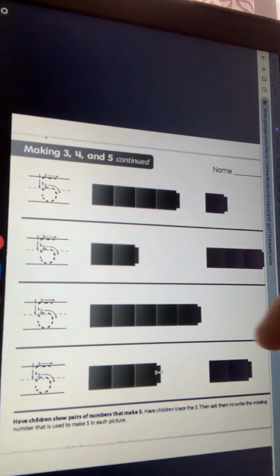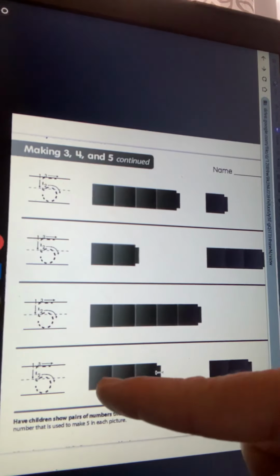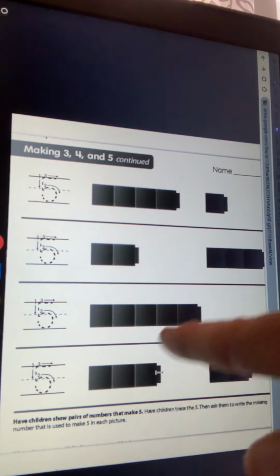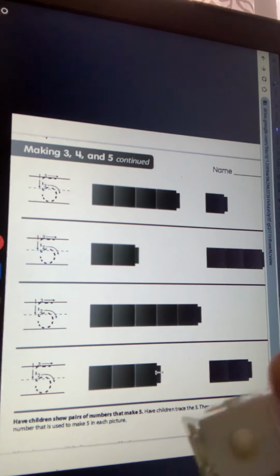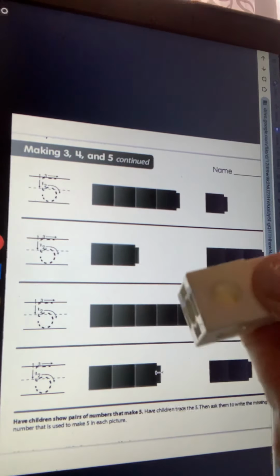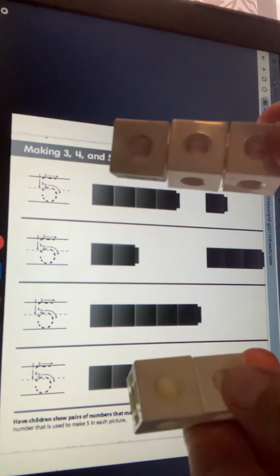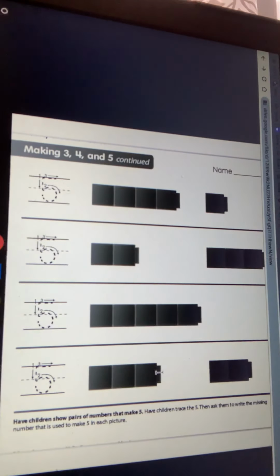So 5 and 0 is 5. And let's look at this last one. Just like this one up here. Look, I have 3. What was that other number I had here? 2. So 2 and 3 is 5. Or 3 and 2 is 5.